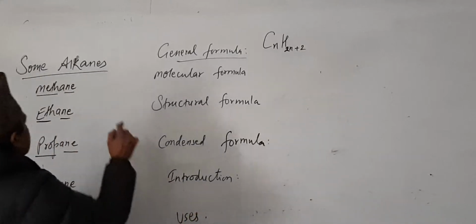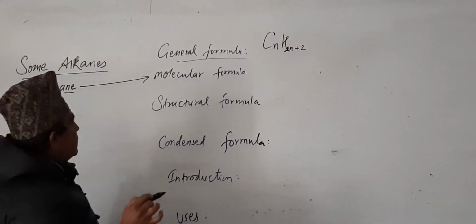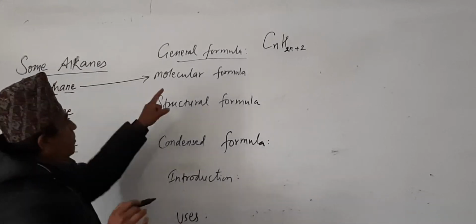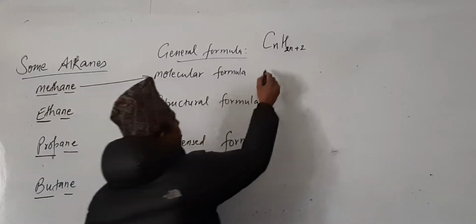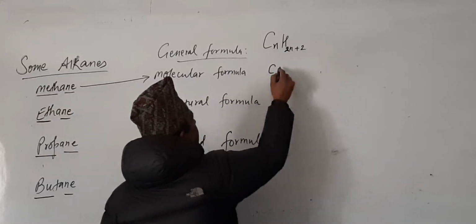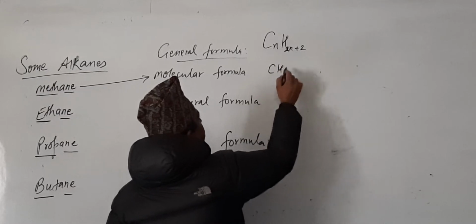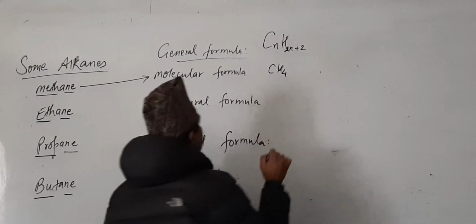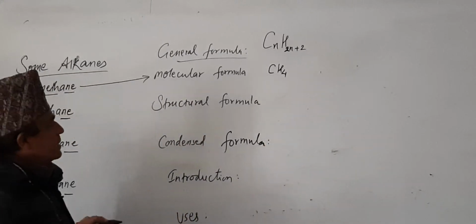First of all, students, I am going to tell you about methane. Methane molecular formula: meth means there is one carbon, and hydrogens are 2 times 1 plus 2, which is 4. The molecular formula of methane is CH4.